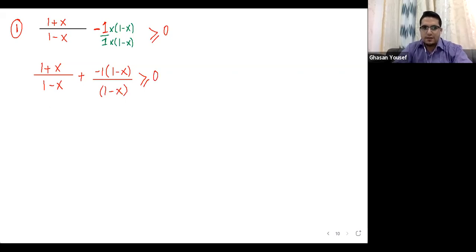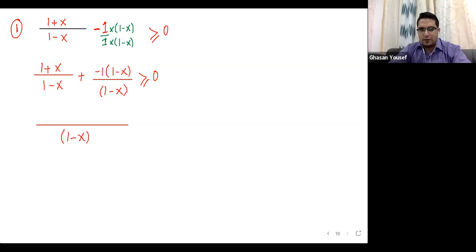Now let's distribute the minus 1 inside the parentheses, or I can make one fraction because the denominator for both fractions is 1 minus x. Now I get 1 minus x, because the denominators are equal. This is just a review from previous sections. We did this a lot.